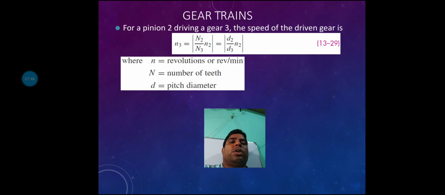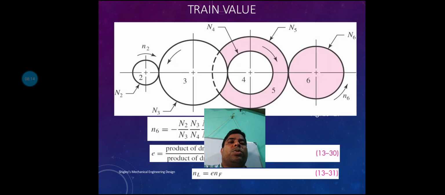So as per the equations, if the pinion is 2 and the gear is 3, then n3 is equal to capital N2 by N3 into n2, which is also equal to D2 by D3 into n2. Here small n is revolutions per minute, capital N is the number of teeth, and D is the pitch diameter.